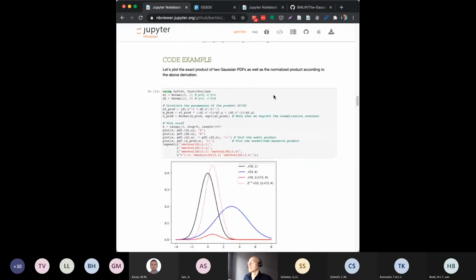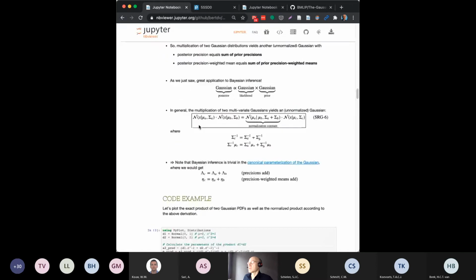Let's see. It says if I multiply a Gaussian over x with another Gaussian over x, I'm going to get a Gaussian over x times something that is not a function of x. So with respect to x, this is just a constant. It just so happens that this constant can be expressed as a Gaussian, but don't be mistaken. This is a Gaussian in mu a, but it is just a number.